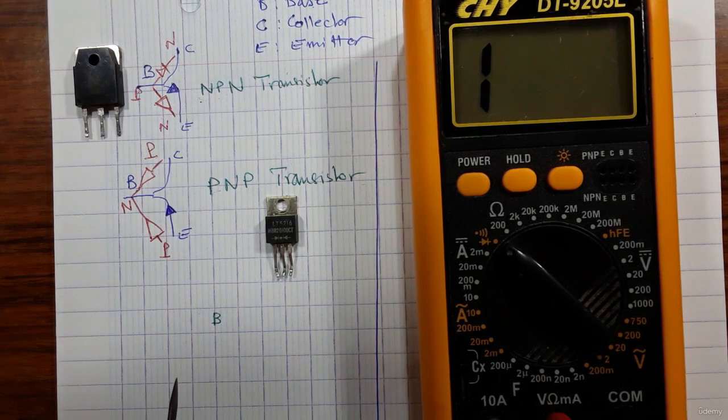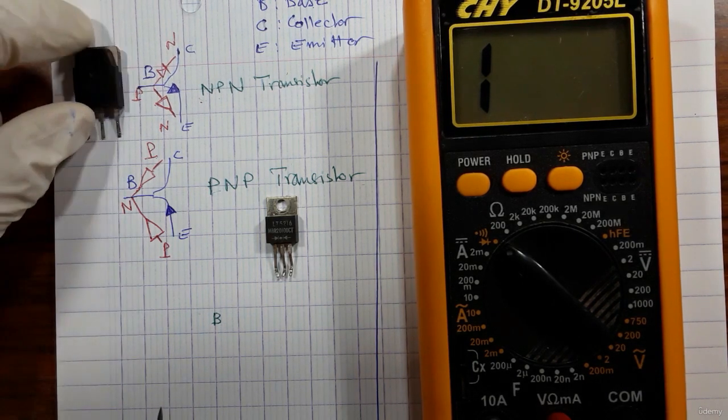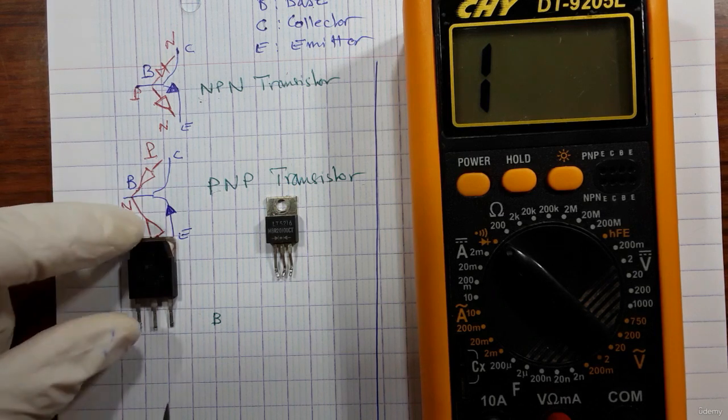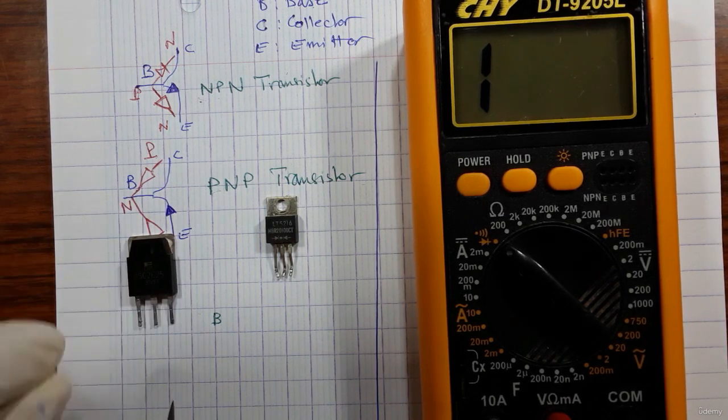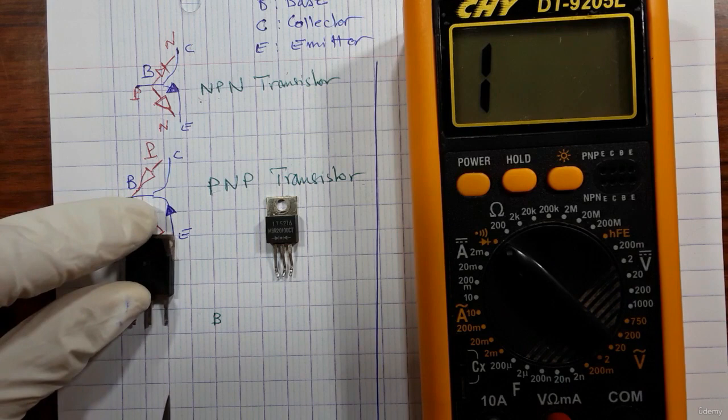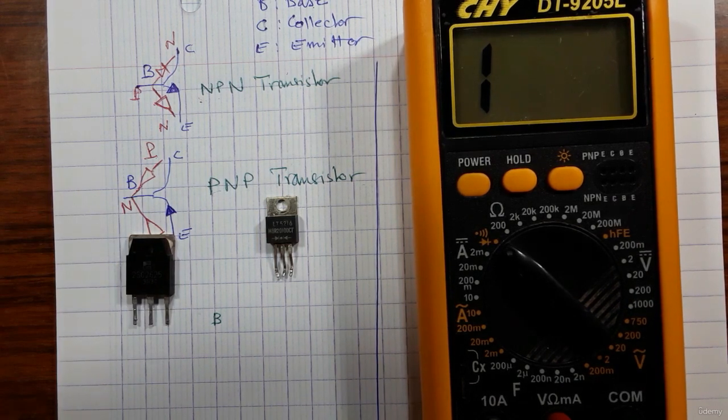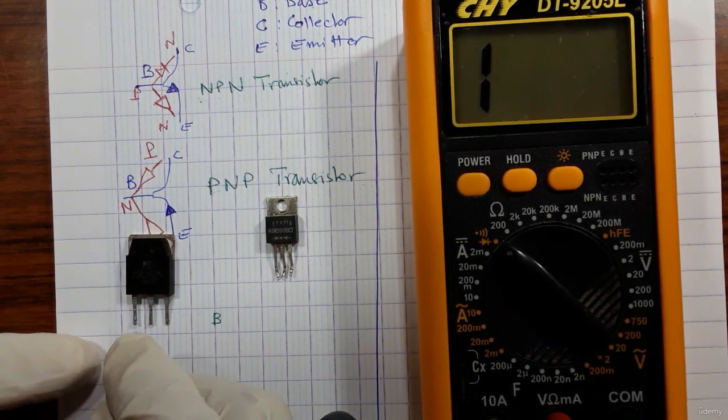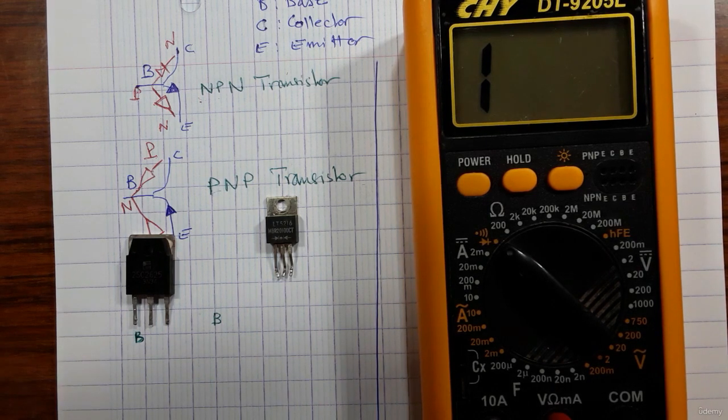Okay, so by the way, I want to add other things. For example, let's take this transistor. So this is an NPN transistor. Here we have the base. So what about the collector and the emitter?